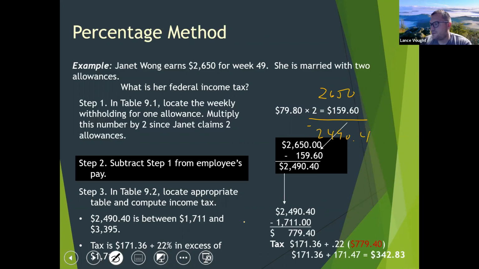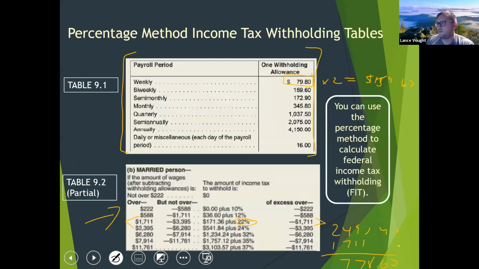And so as a result, she's going to pay an extra $171 in taxes for that specific $779.40 at 22%, plus that $171.36, which means that the total amount of tax she has to pay is $342.83 in federal tax. If we go back to this sheet, that's how much she paid, and that's how much we calculated from the tables.